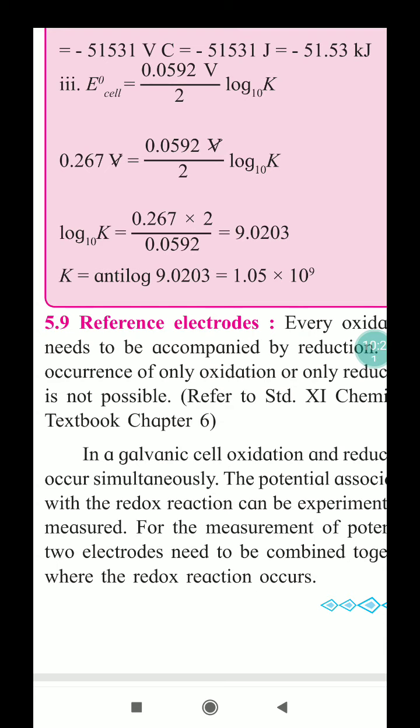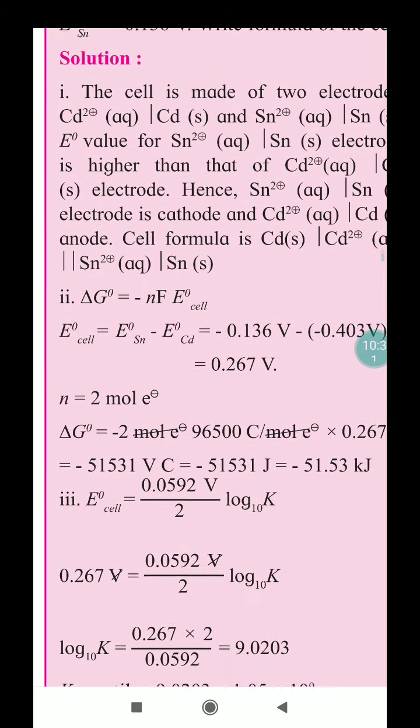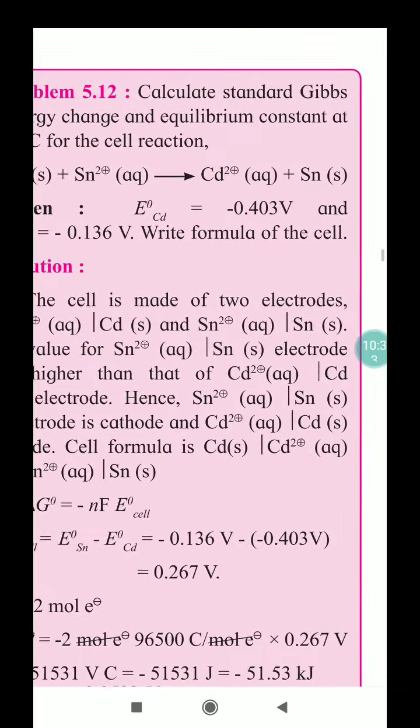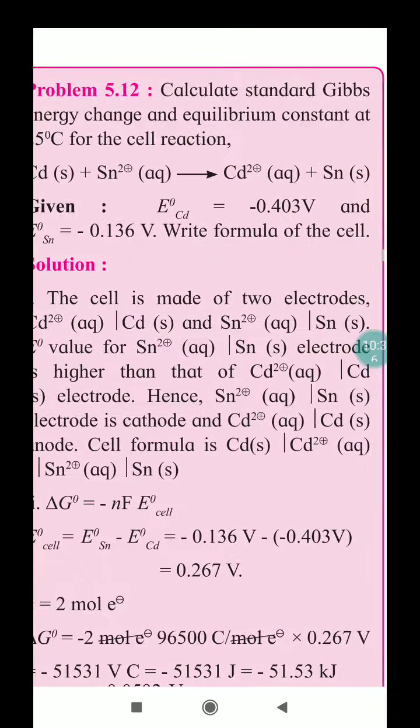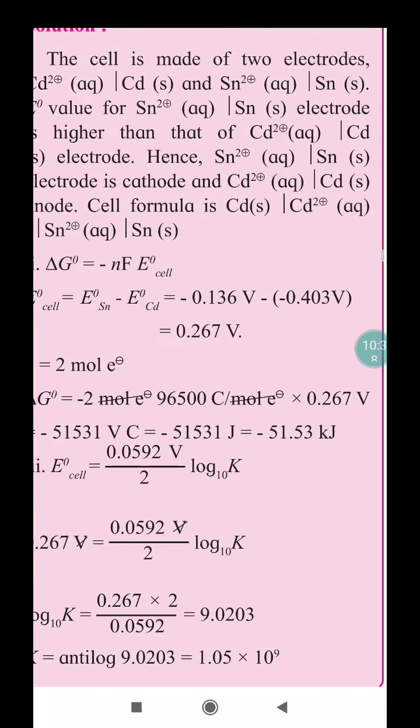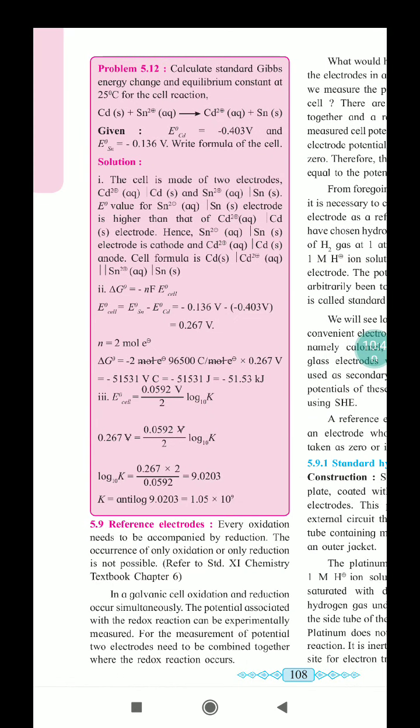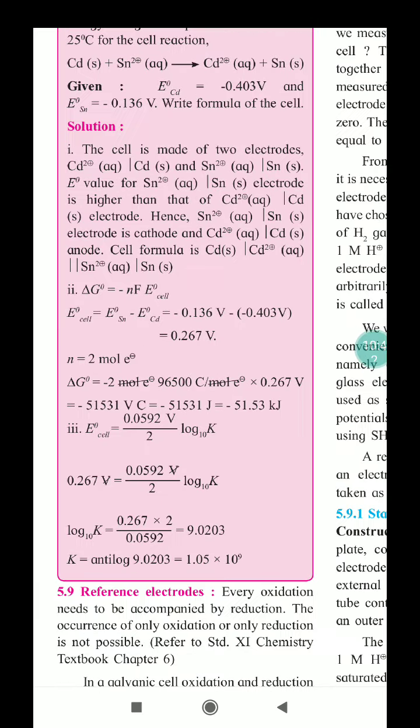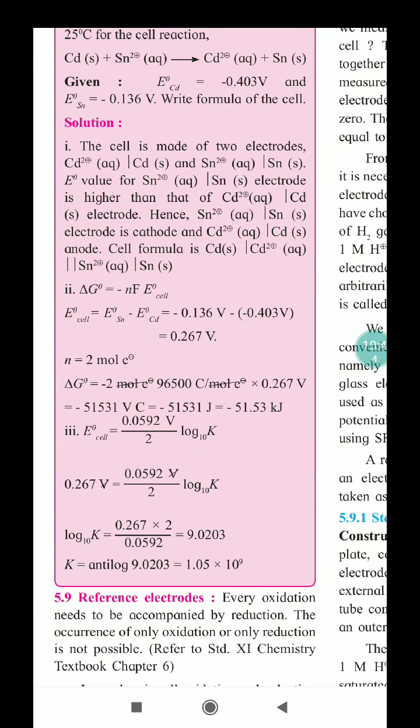Log K is 9.0203. By taking the antilog of this, we get 1.05 into 10 to the power 9. So in this way, we calculate the equilibrium constant K and the Gibbs energy. So students, on the basis of this problem and this video, we have to solve some problems.